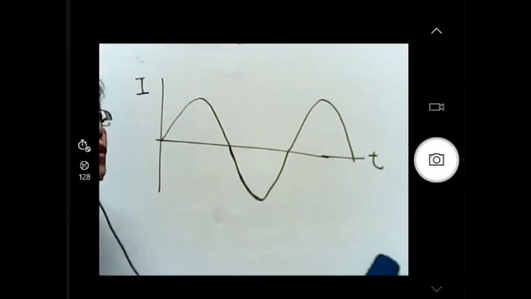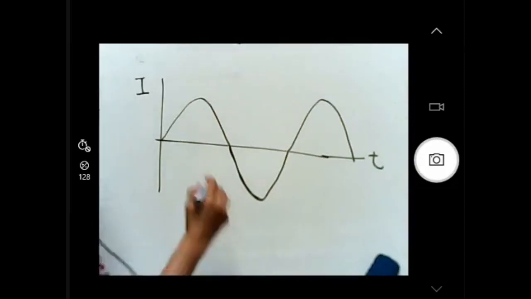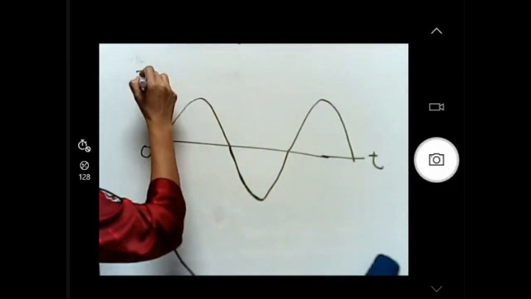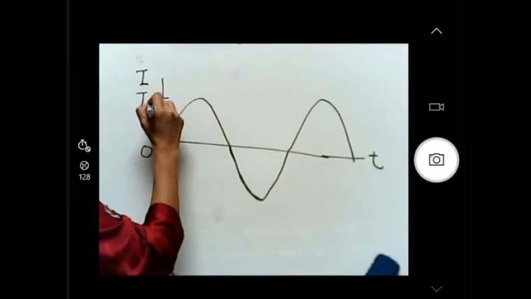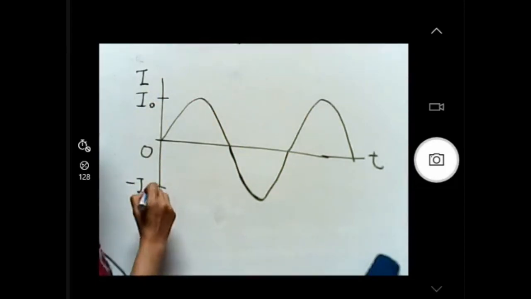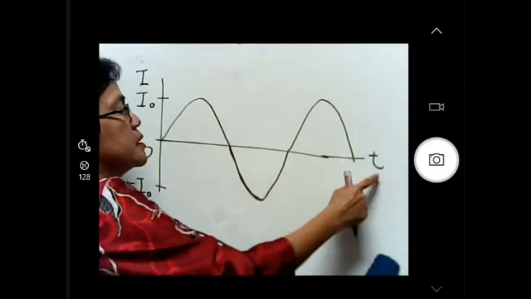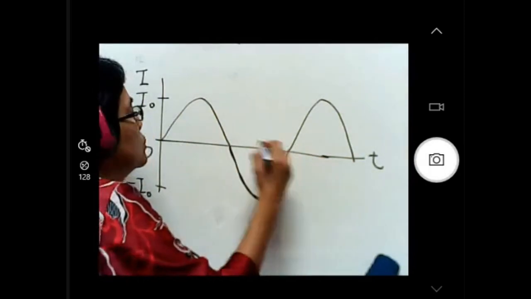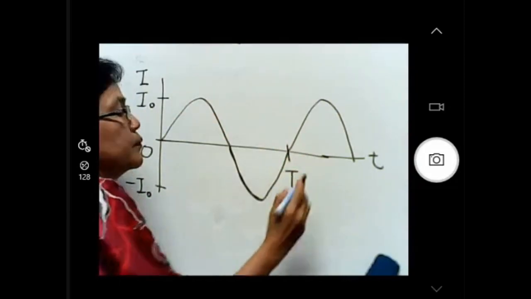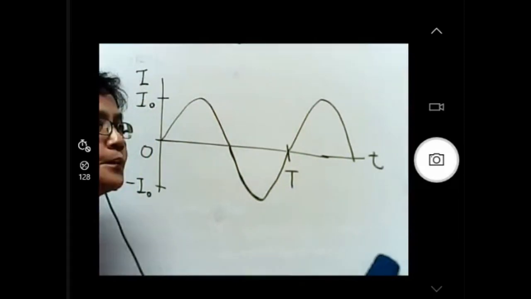So what you need to know in order to interpret a sinusoidal graph is the value of maximum current, or what we call peak current, here or here, but in the opposite direction. Then, if this is against time, you need to know that one complete cycle takes one period. Period is the time taken to complete one cycle.